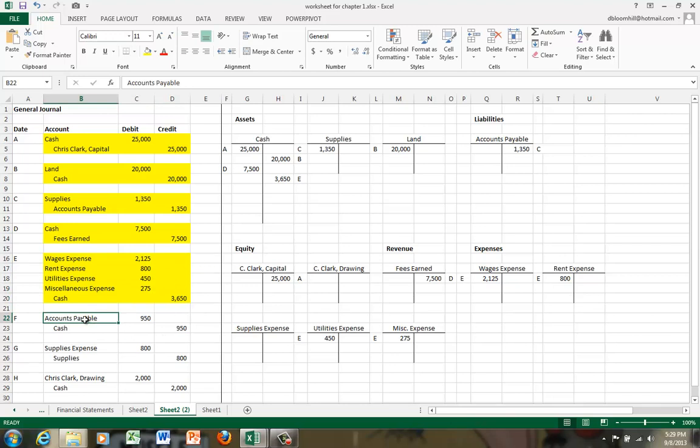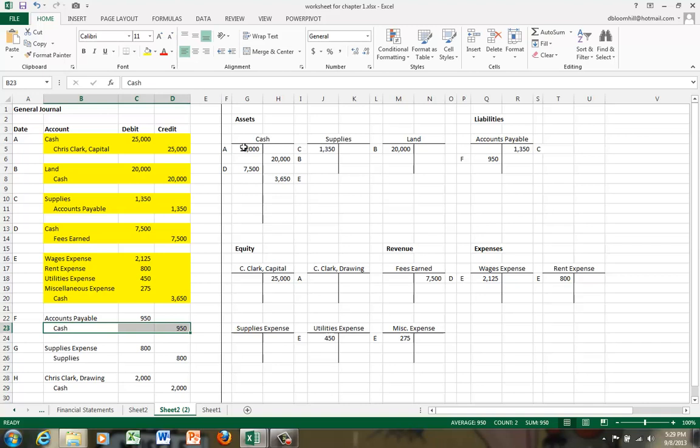The first line in F instructs us to go to the accounts payable T. The amount is $950 and it's on the debit side. So we go to accounts payable, amount is $950 on the debit side, and we note that that comes from transaction F. Next line in transaction F is cash, $950 on the credit side.